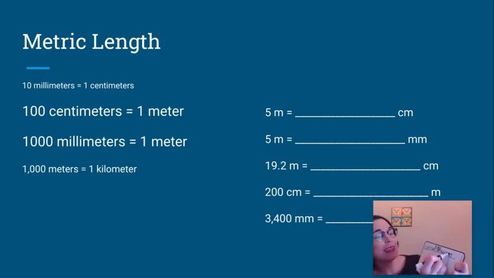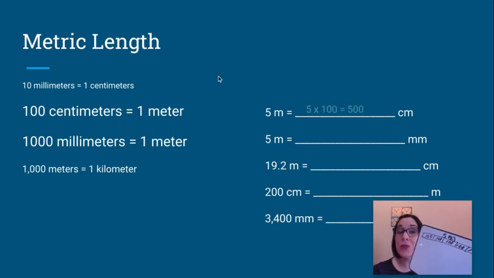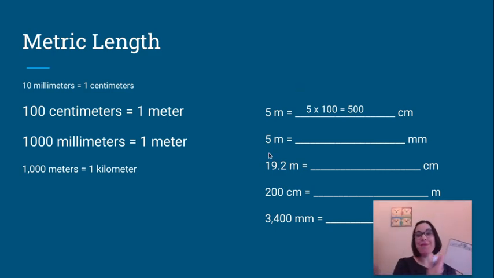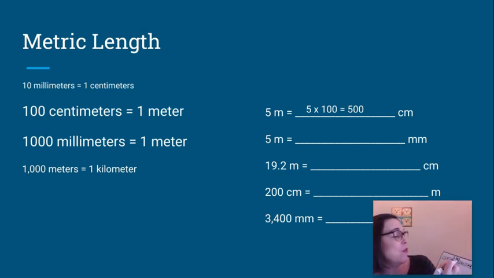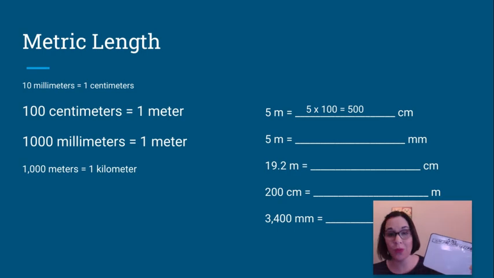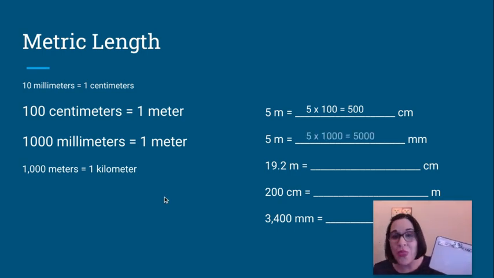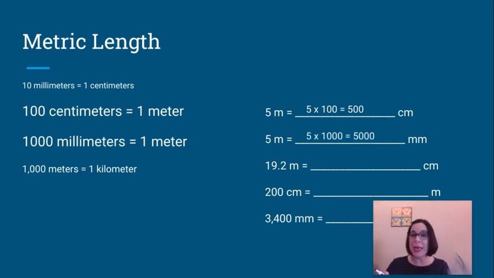Hope you can see this okay. So I know that that's 5 groups of 100 or 500 centimeters. This time I still have my 5 desks stretched across the room, but I'm wondering how many millimeters that would be. How many gift cards stretched out? So this time I have 5 groups of 1,000, or 5 times 1,000 equals 5,000 millimeters.